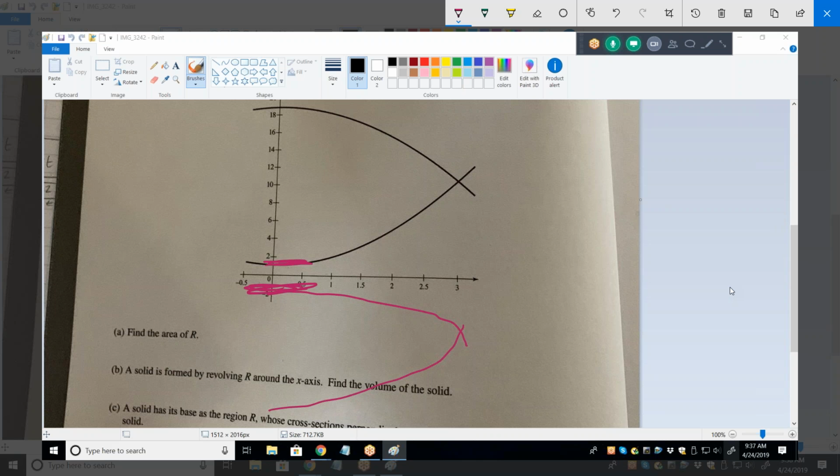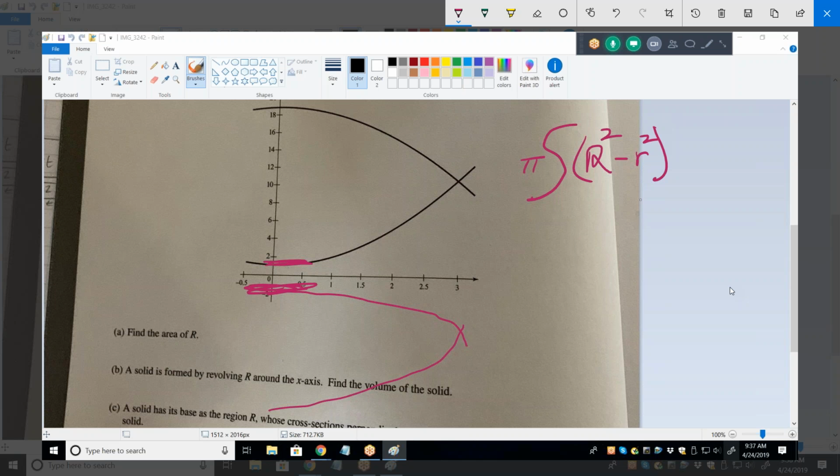If we're using washers, that affects the formula. What goes inside? Is it big R minus little r squared, or big R squared minus little r squared? Big R squared minus little r squared.